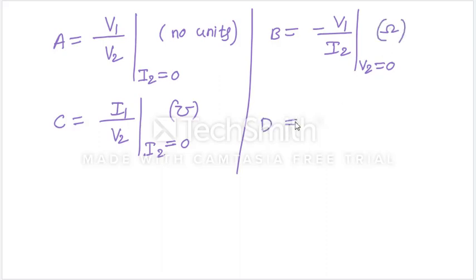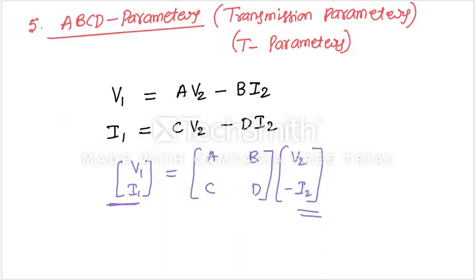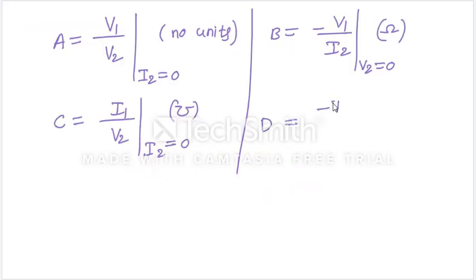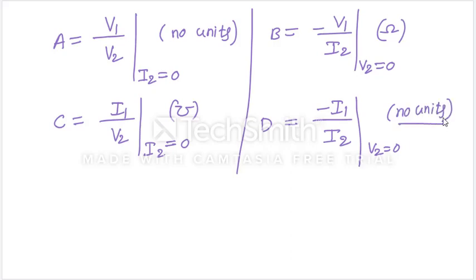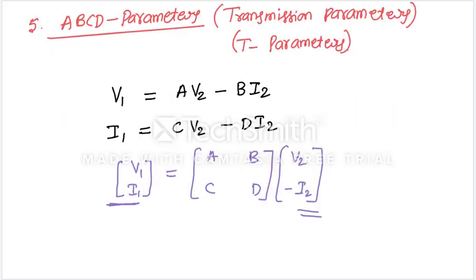And D is equal to minus I1 by I2 when V2 is equal to 0. There are no units. So these are the T parameter equations: V1 is A V2 minus B I2, and I1 is C V2 minus D I2.